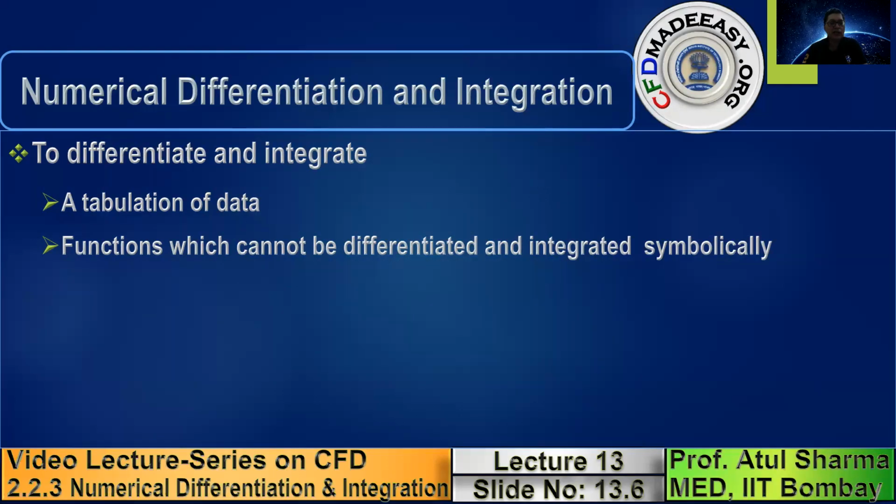Whereas even if you have a function which you cannot differentiate or integrate, then you need numerical differentiation or integration. So these are the two conditions under which you need numerical differentiation and integration.